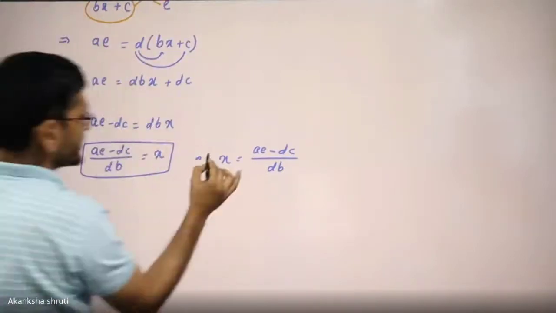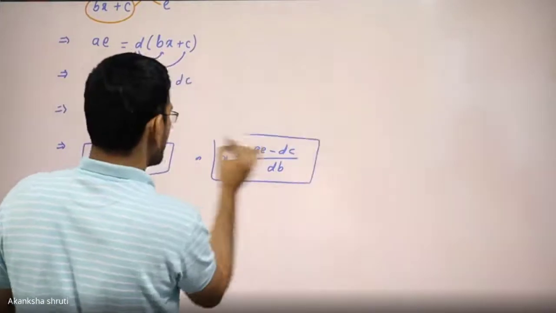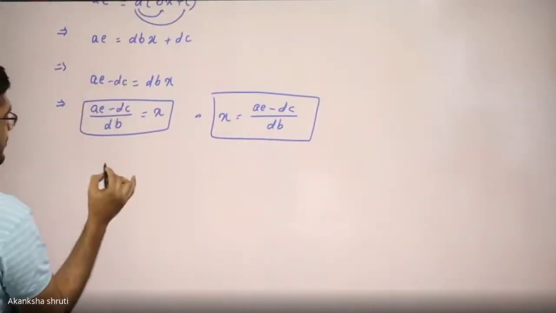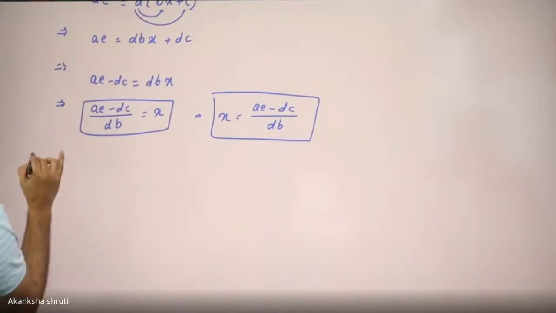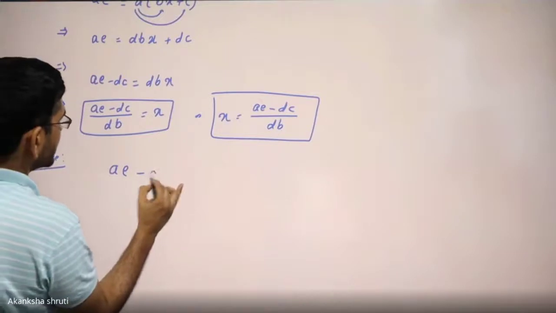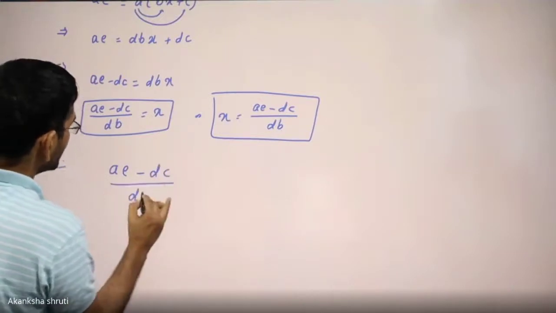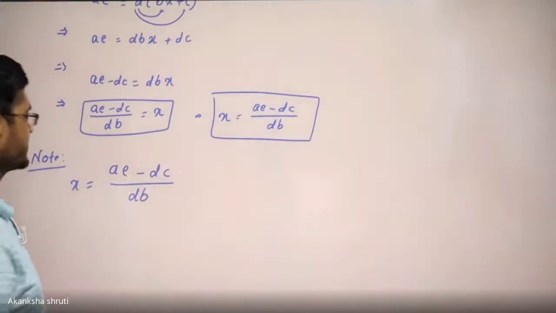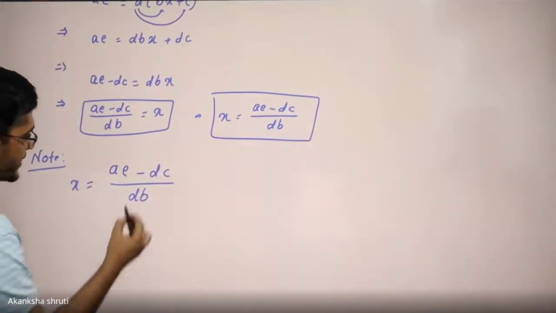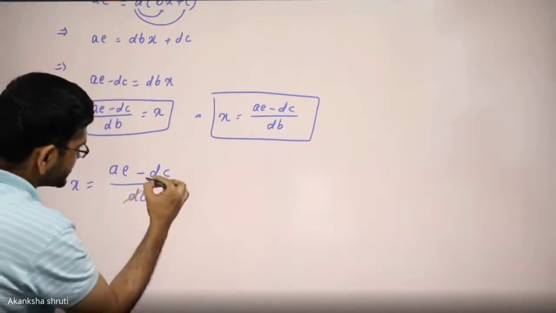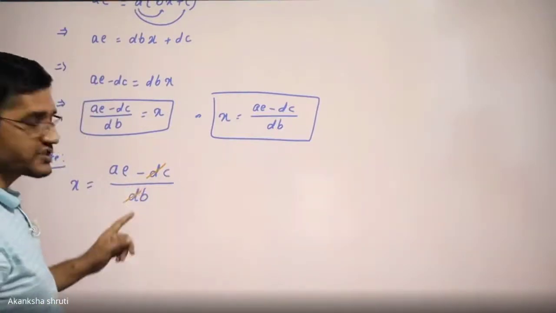Students, here are a few important things that we have to keep in mind. Many a time our students commit a mistake. What is that? So write a note here. Many a time our students think that in minus dc by db, which is the value of x that we have calculated, this d in the denominator and this d in the numerator can be cancelled.